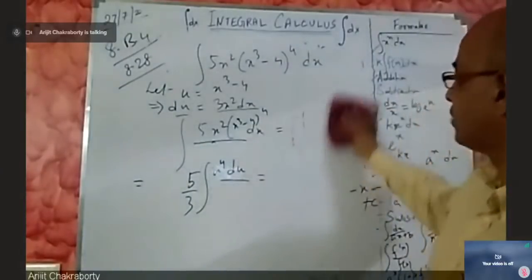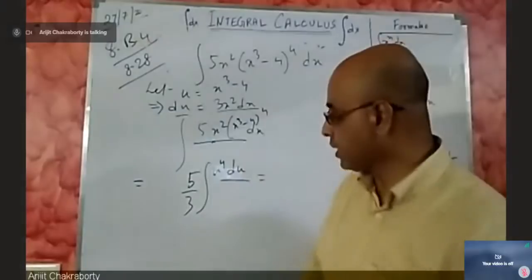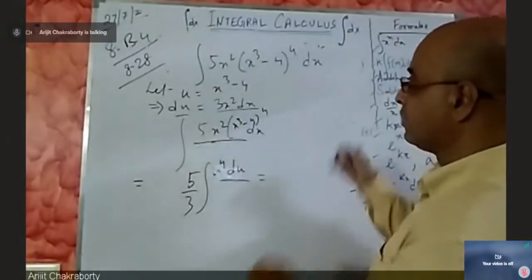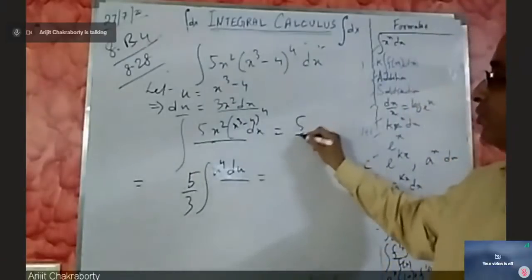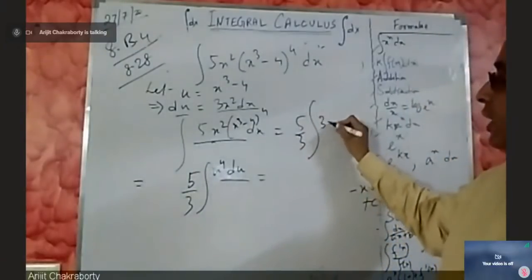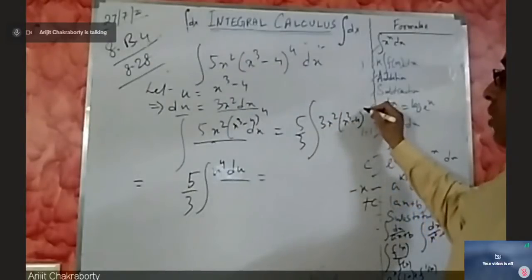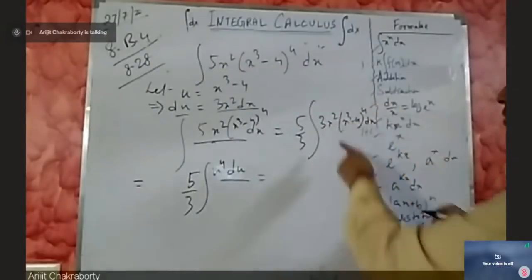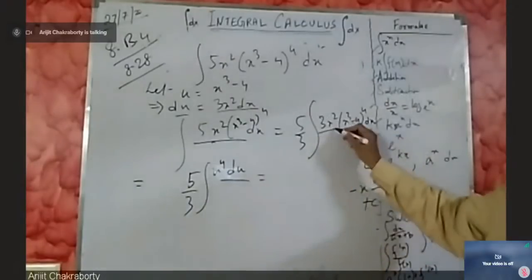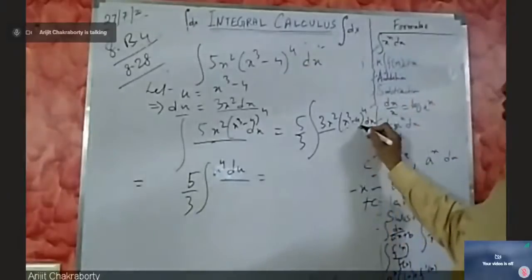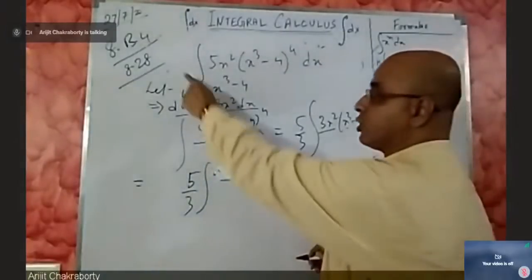So what are we getting? We are getting 5x square, which I have written as 5 by 3 into 3x square into (x cube minus 4) to the power 4 dx. Now 3x square dx is du, and (x cube minus 4) to the power 4 is u to the power 4.